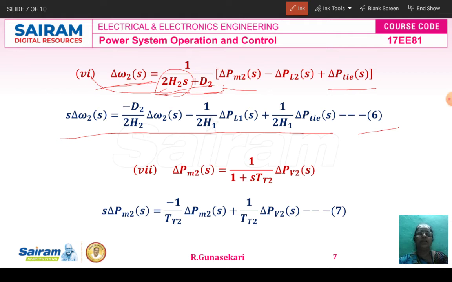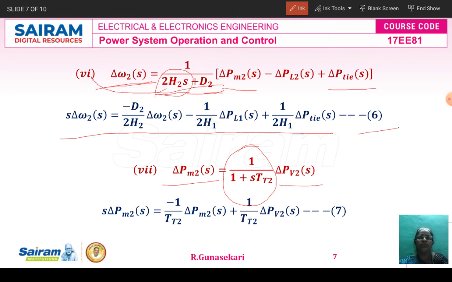Next, we derive the equation for the mechanical output of turbine 2 for area 2, that is ΔPM2 of s equal to 1 divided by (1 plus sT2). This is the transfer function of the turbine model. ΔPV2 of s is the input of the turbine model for area 2.